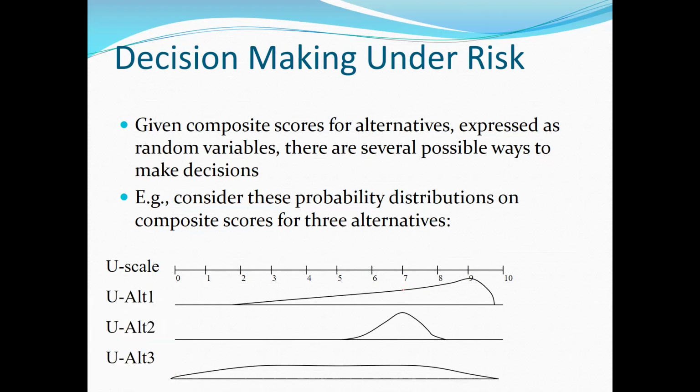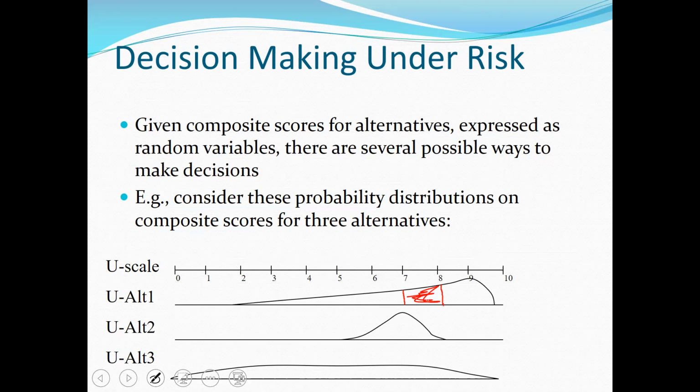For example, if I want to find the probability of this distribution being between 7 and 8, I can find this area under the curve. This area will give me the probability of the utility score for alternative 1 lying between 7 and 8. That's what these probability distributions are telling me.